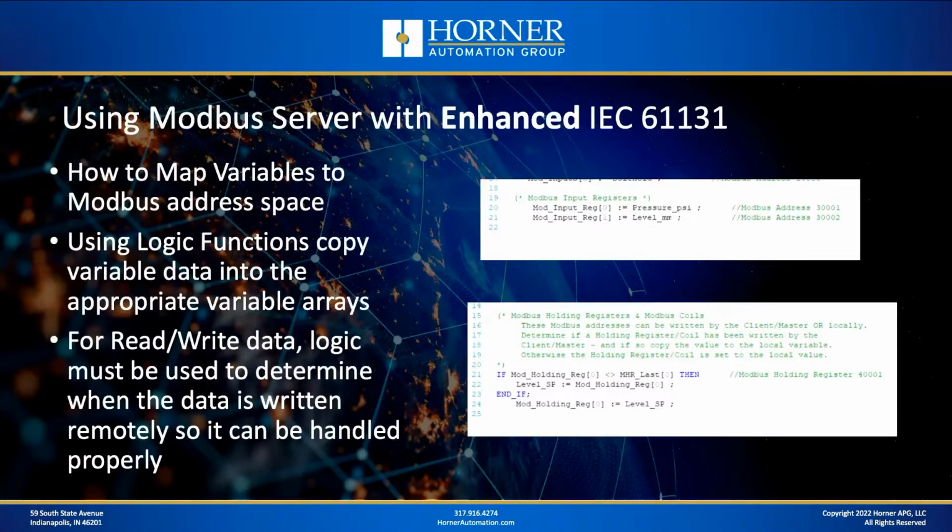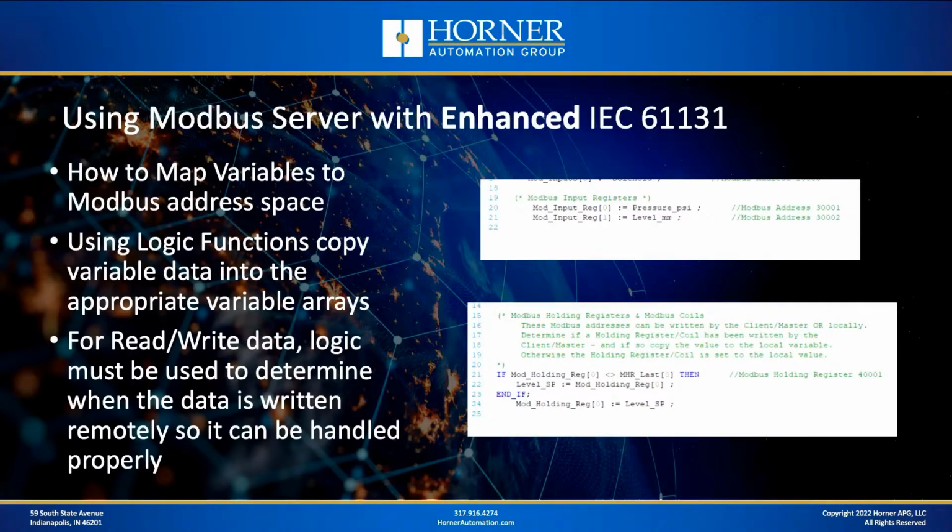When it comes to mapping variables, we've created these 4 arrays for each of the 4 different Modbus types. Now, to actually map the variables to Modbus, what we're really going to do is take the data in the variables we've already created in our application, say a pressure or a temperature or whatever it is that we want to share over Modbus, and then create logic, maybe in structured text, that's the one I'm showing here on the screen, that basically copies the data from those existing variables over to entries in the Modbus array of the appropriate data type.